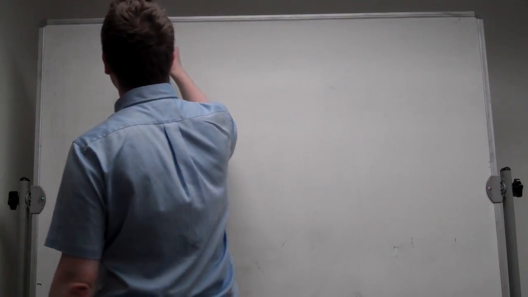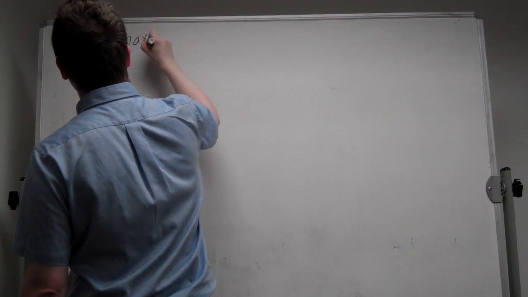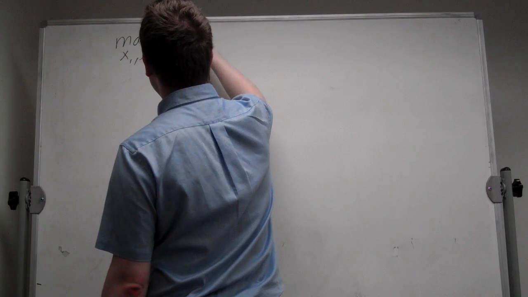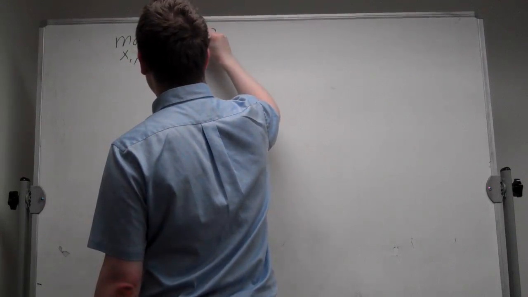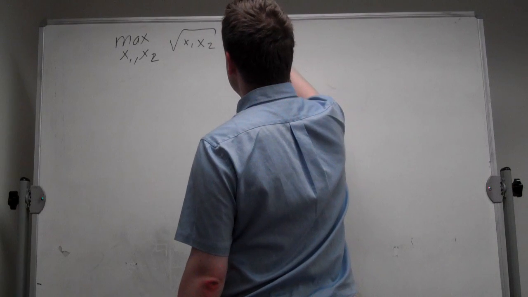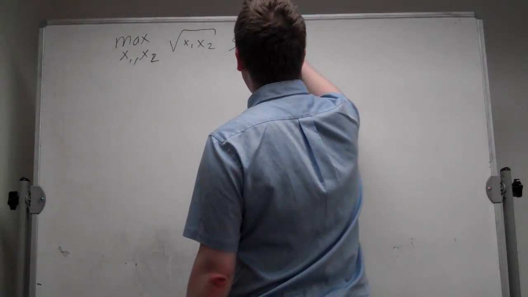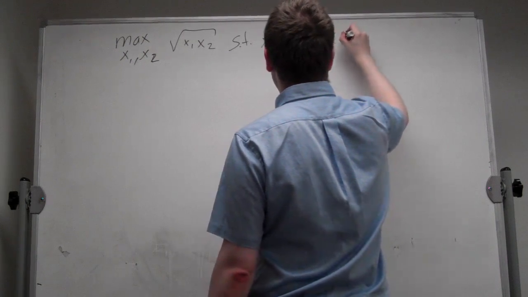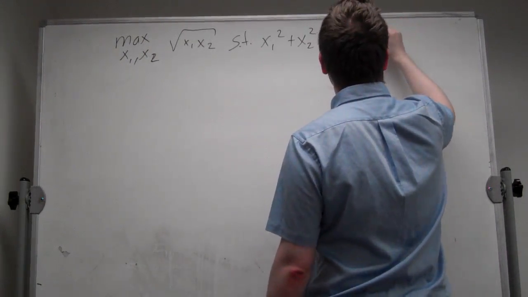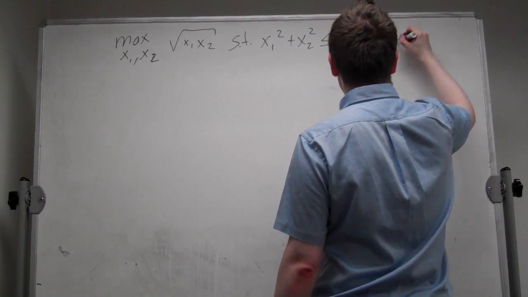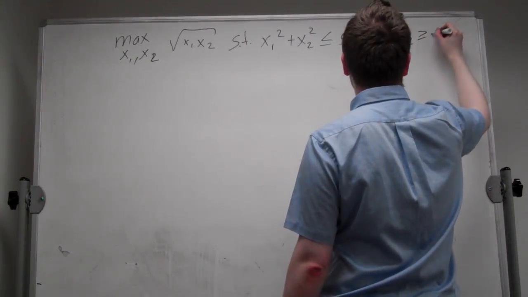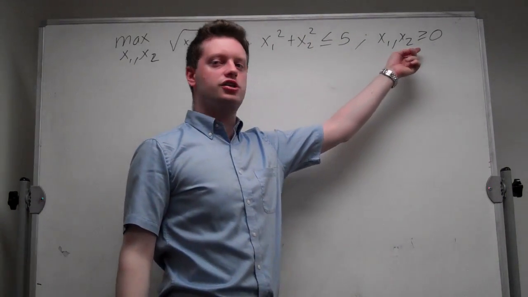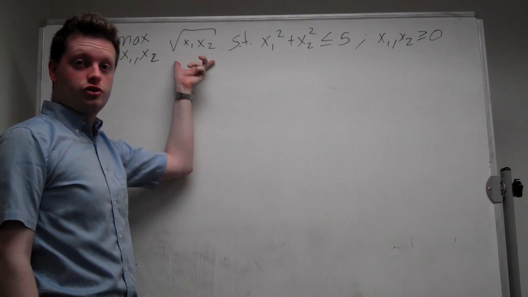In particular, we want to maximize with respect to x1 and x2 the objective function square root of x1 times x2 under the constraints such that x1 squared plus x2 squared is less than or equal to 5 and x1 and x2 are greater or equal to 0. So we have these three inequality constraints and our objective function.